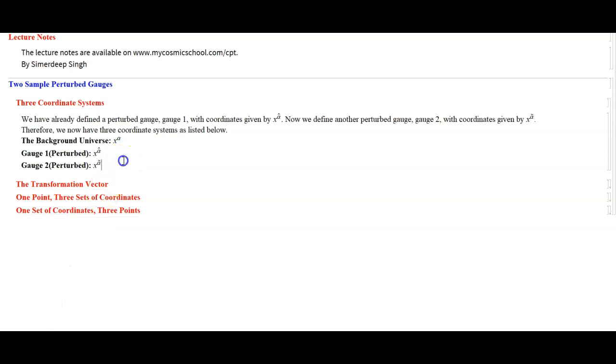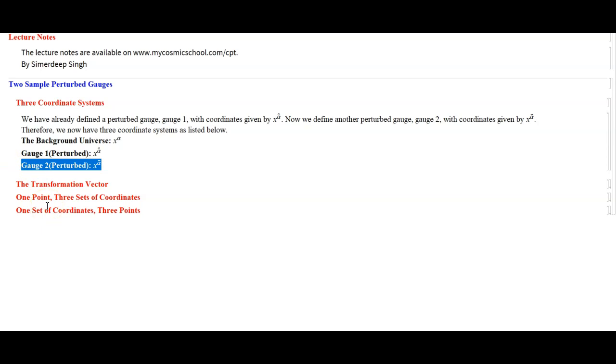So what does this mean? If we take two perturbed gauges, then we are dealing with three different coordinate systems: one for the background, one for perturbed gauge 1, and one for perturbed gauge 2. What does that mean if I take one single point?